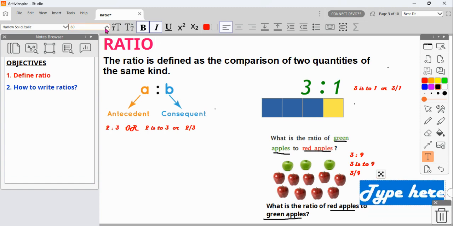So let me write red apples 9 ratio 3. First we have to write the quantity of red apples, that is 9, then green are 3. In another way I can write it 9 is to 3, or the third way of writing it will be 9 by 3 or 9 divided by 3.